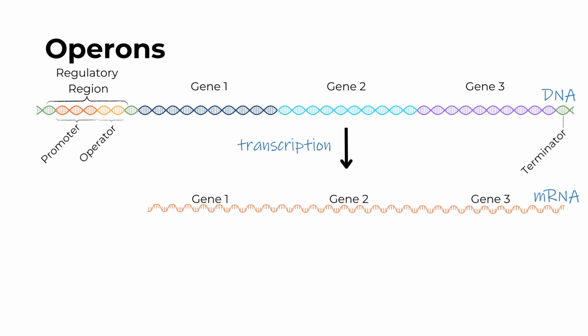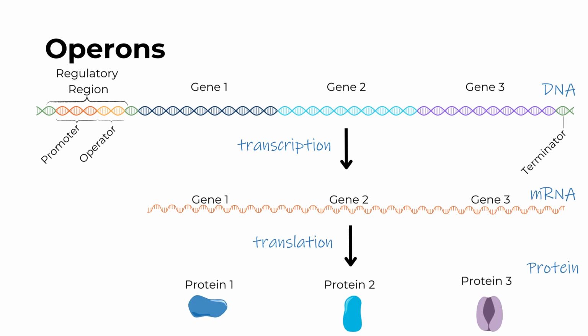The mRNA produced in this case is called a polycistronic RNA. It allows for the synthesis of multiple proteins from a single mRNA molecule. By grouping genes together in operons, prokaryotes rapidly adjust to their changing environment and coordinate expression of related genes.